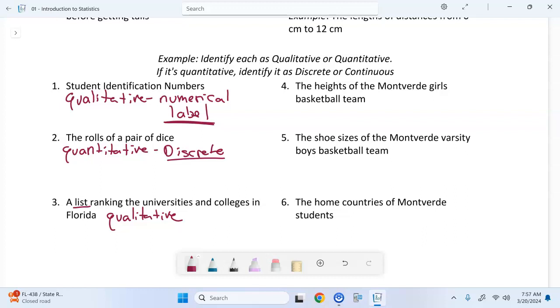The heights of the Montverde girls basketball team. Quantitative. Okay, because we're measuring height. It's a measurement. Is it going to be discrete or continuous? Continuous. Who wants to defend their reasoning for discrete or continuous?